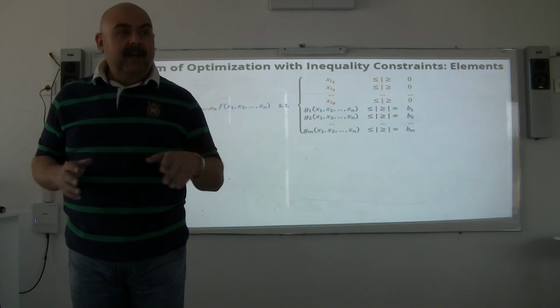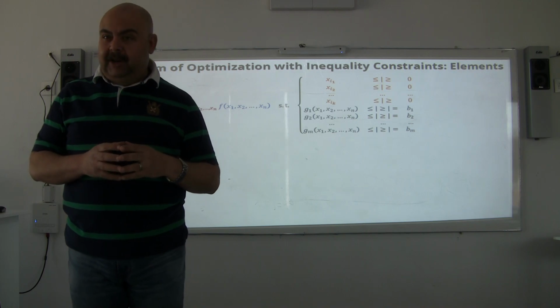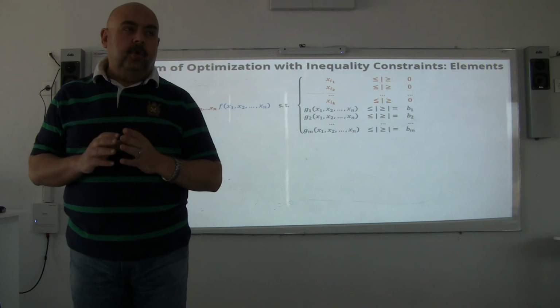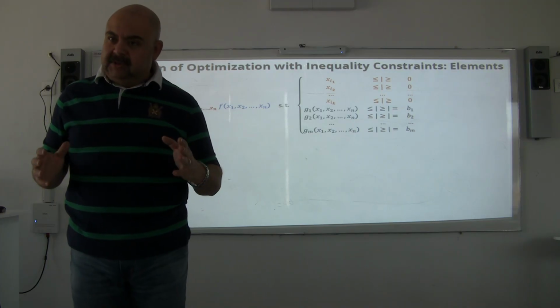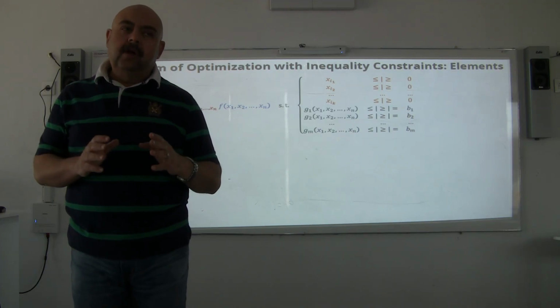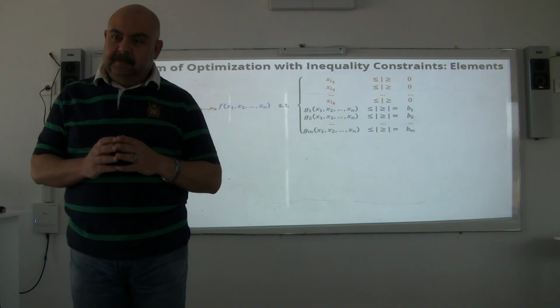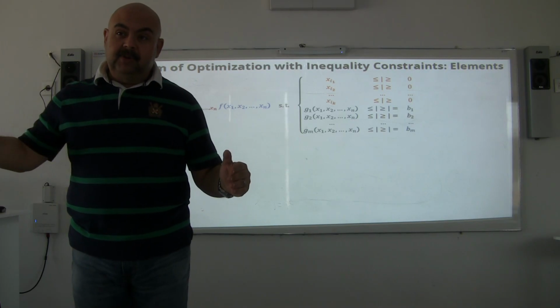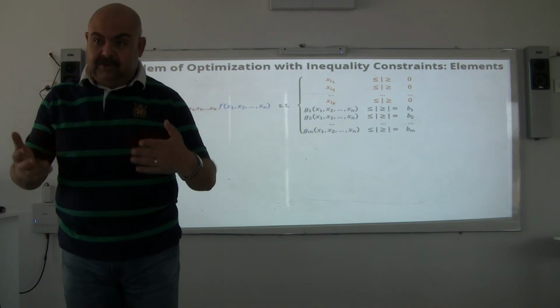You understand what I'm saying? From my previous study, the demand on my sandwiches is limited to 300 sandwiches per day. This means x plus y will be less than or equal to 300. Do you understand what I'm saying?